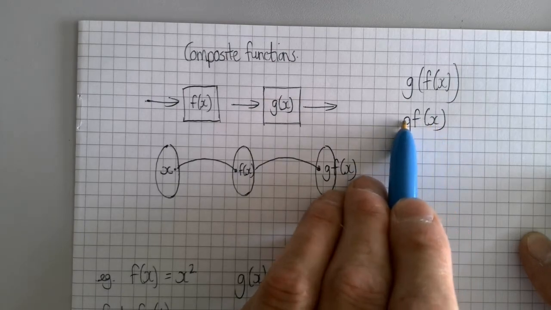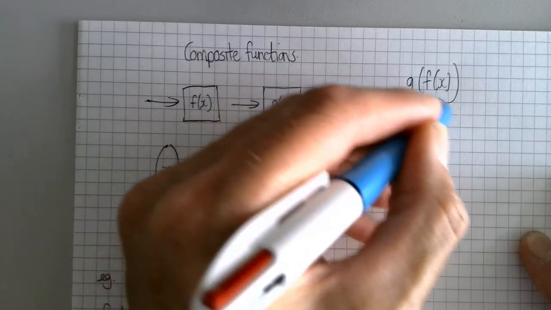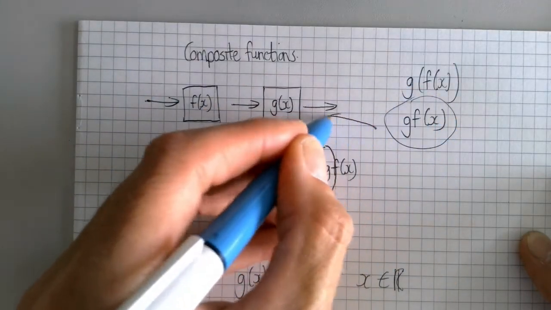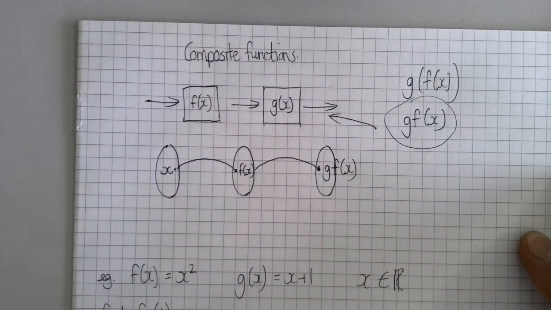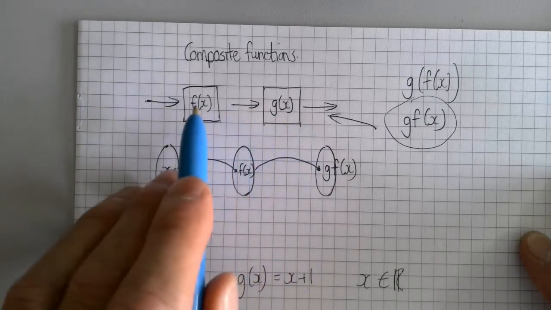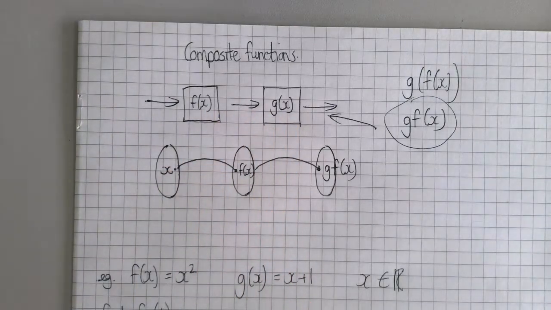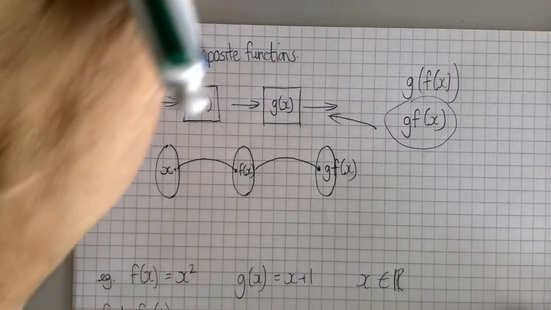So it's that way there. So this notation here means that fg of x would be the reverse, g first followed by f. And that's the most important thing to get your head round with these composite functions. The order of the letters is important.